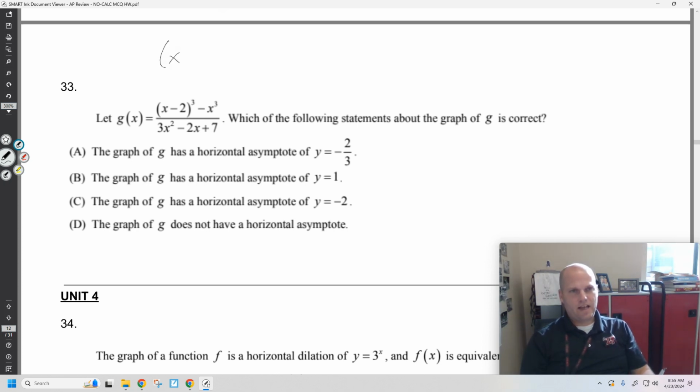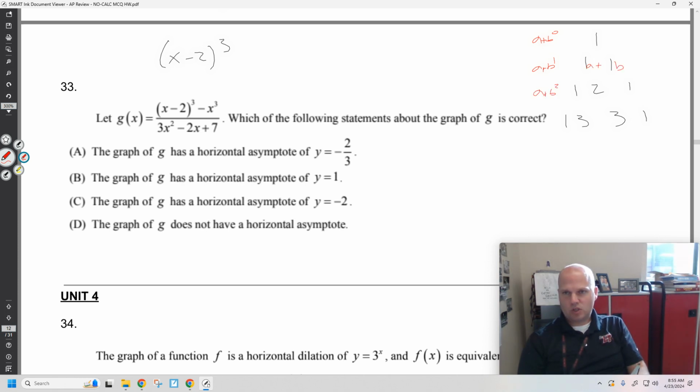Now you can either take x minus 2 cubed, or let's just practice our binomial theorem. Remember Pascal's triangle? These end up the coefficients of a plus b. This is a plus b to the 0. This is a plus b to the first. This is 1a plus 1b. This is a plus b squared. This is 1a squared, 2ab, 1b squared.